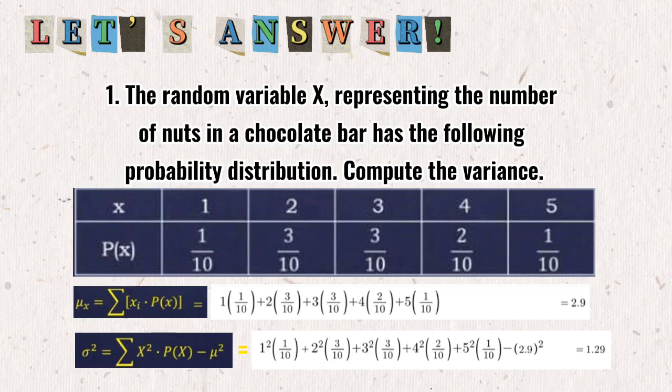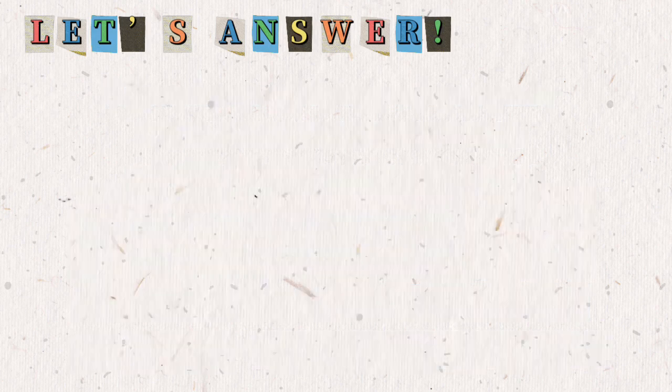We equate this first, then subtract the value of the mean squared. The answer I got is 9.7, and 2.9 squared is 8.41. So, we subtract the two. The answer is 1.29. So, let's proceed to problem number 2.